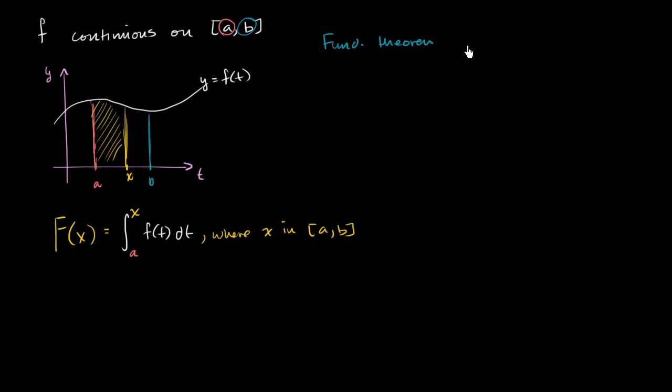The fundamental theorem of calculus tells us that if we were to take the derivative of our capital F with respect to x, which is the same thing as taking the derivative of this with respect to x, which is equal to the derivative of all of this business.